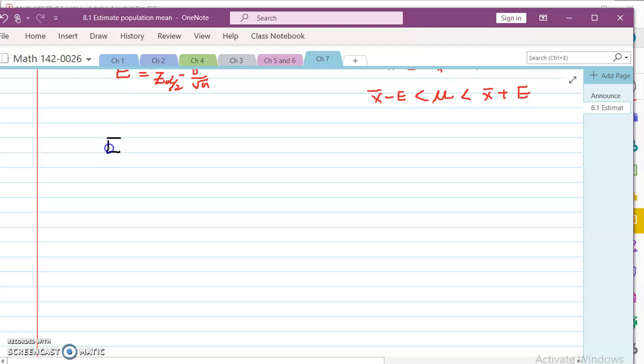So we know that the margin of error for x bar is z alpha over 2 times sigma over square root n. Z alpha over 2 is the critical value where the confidence region is cut off from the non-confidence region.